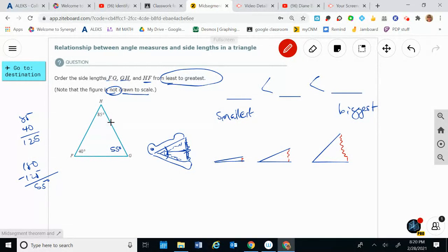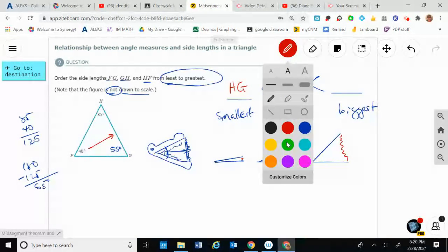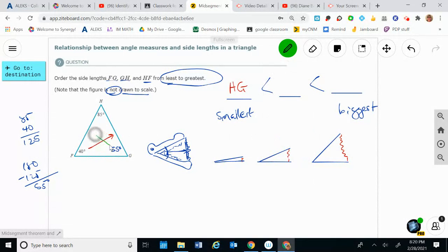So the smallest angle, 40, is the opening to that side. That's the smallest, HG, because the 40 is pointing to that one. The medium one, 55, points to that side, which would be FH.